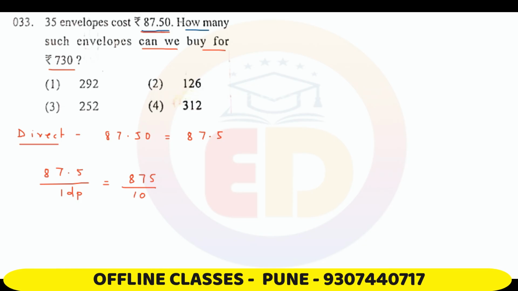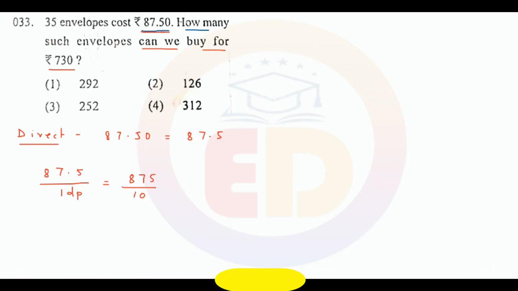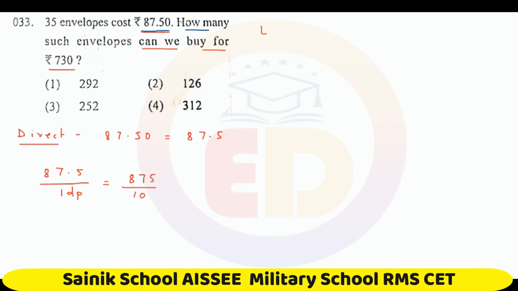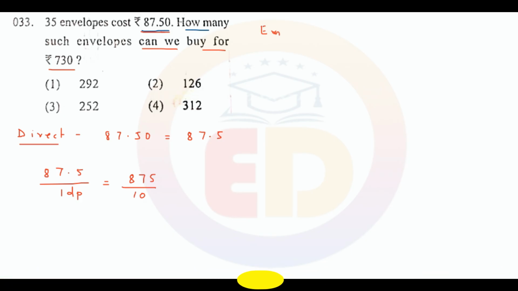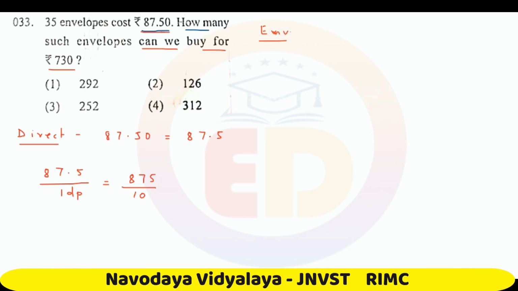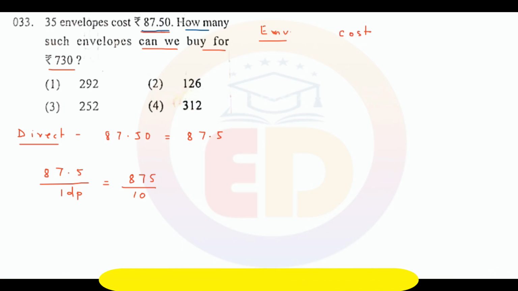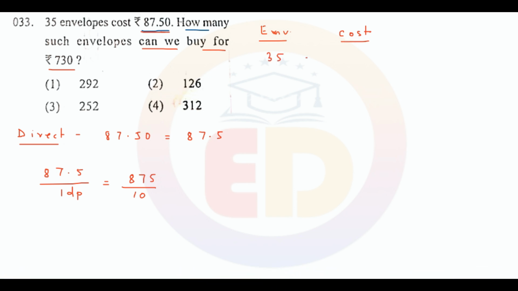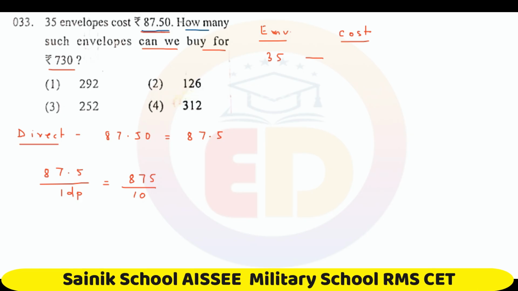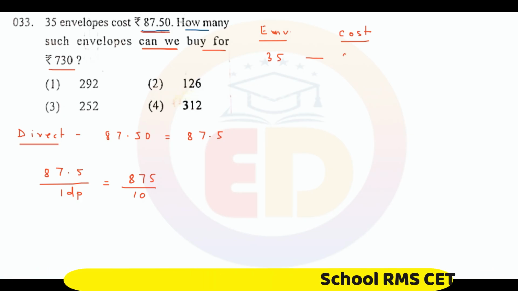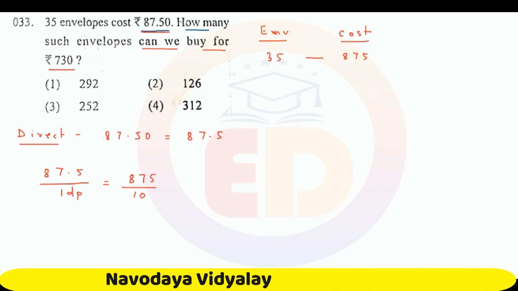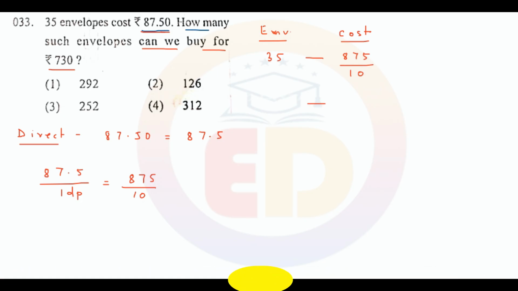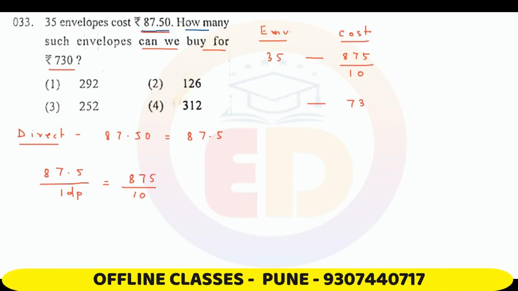Since it is a question of direct variation, we will make two columns. In one column, I will write down the envelopes, and in the second column, I will write down the cost. In the first case, we have 35 envelopes, which will cost 87 rupees and 50 paisa, which we are going to write as 875 upon 10. And in the second case, they say we have total 730 rupees.